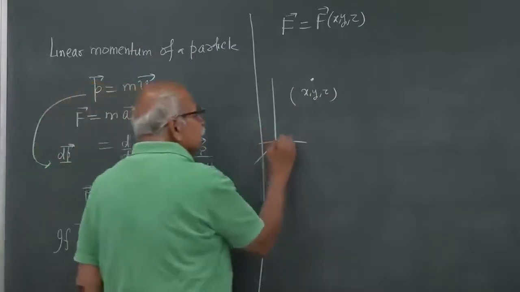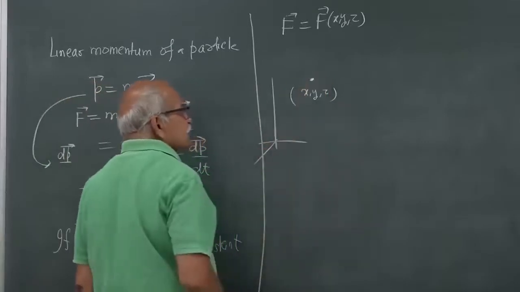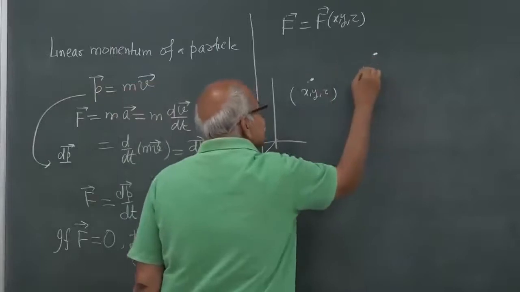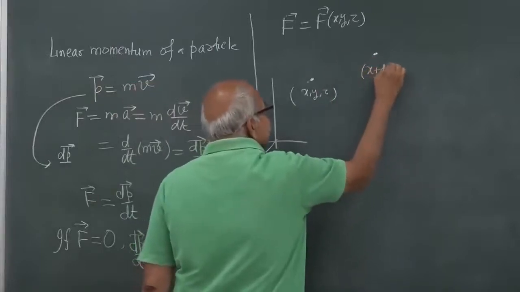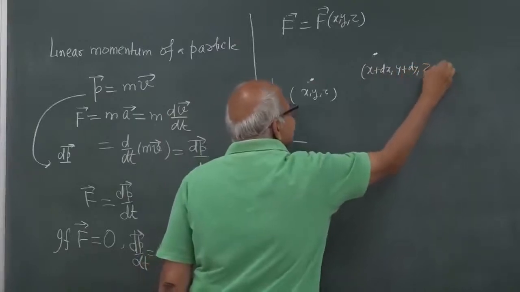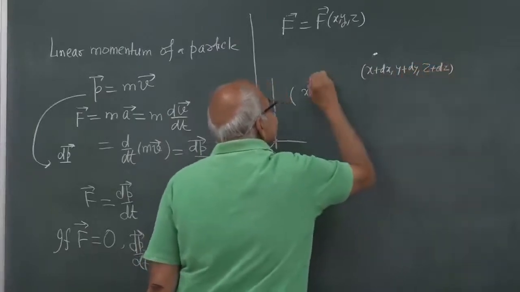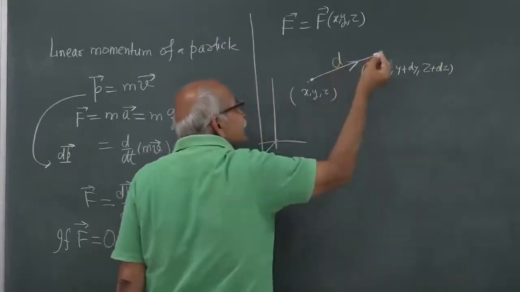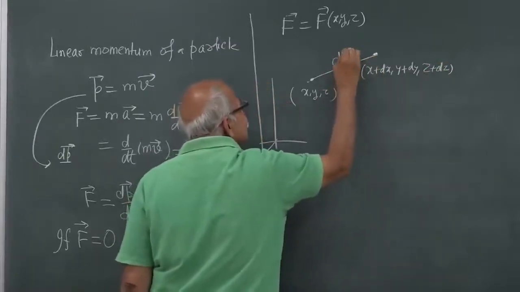Then I take another point nearby, x plus dx, y plus dy, z plus dz, and this vector I call the dl vector.